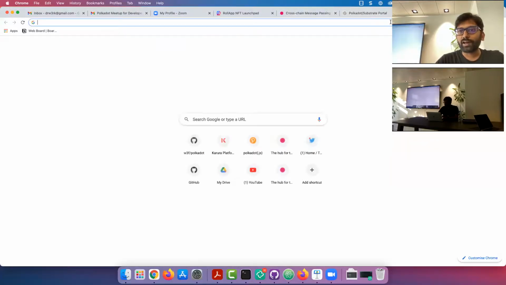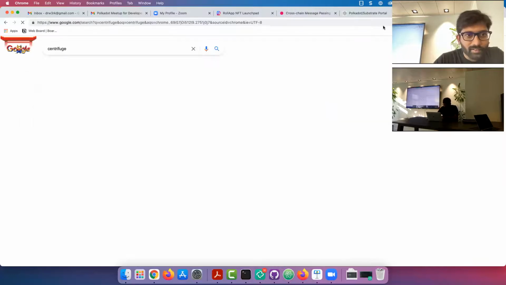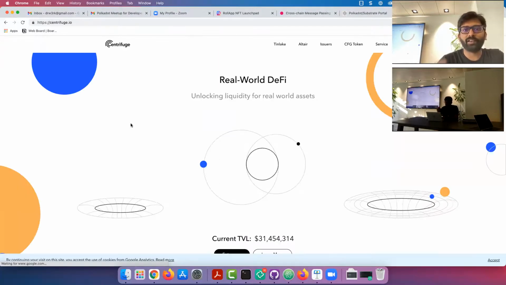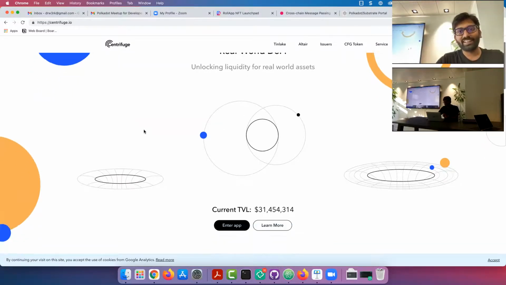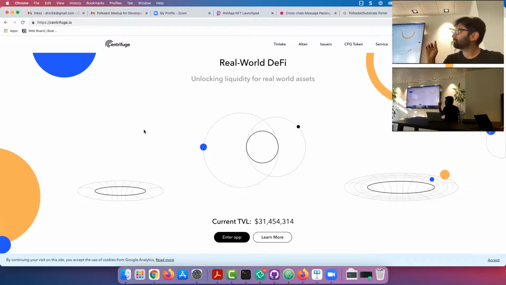Yeah. And also I want to show something. That rang a bell when they mentioned having real world assets. So it's actually running for a crowdloan right now.